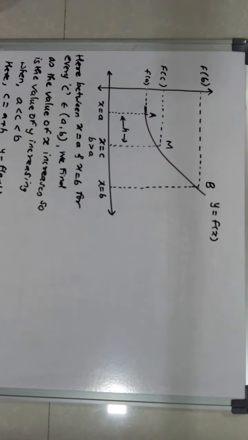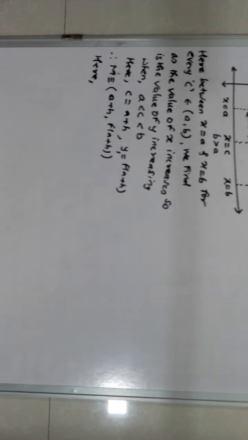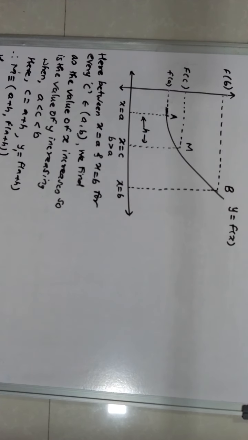Agreed. In this it is very clearly understood that f(a plus h) is greater than f(a). I can very clearly see that here f(a plus h) is greater than f(a). I would suggest you draw the figure, so you will understand it better. Let me come to the figure first.